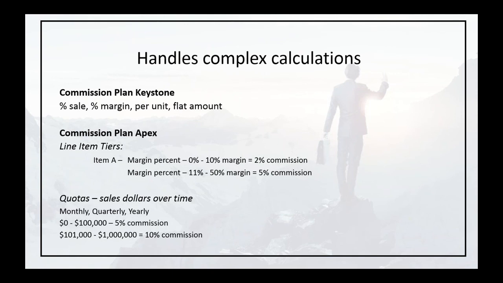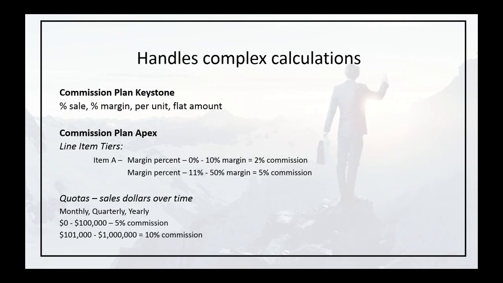This would be used if your company varies the rate based on the commissionable sale amount or margin percent. And so, for instance, on the line item itself, if there's a margin between 0 and 10%, the salesperson gets 2% commission. Or if the margin is between 11 and 50%, they get 5% commission. So again, the software is looking at the line item and its attributes to determine the rate.